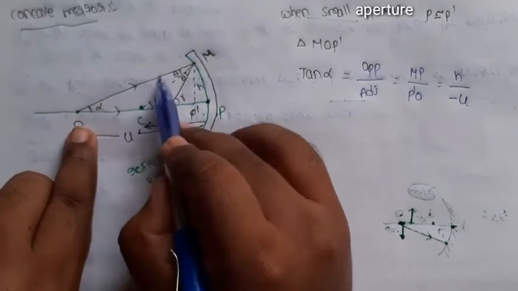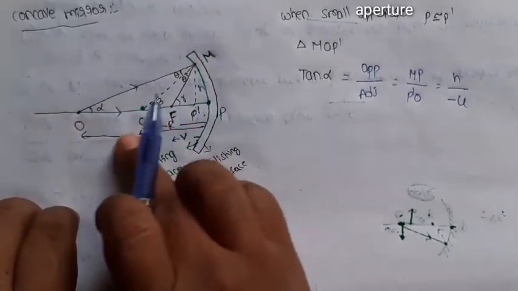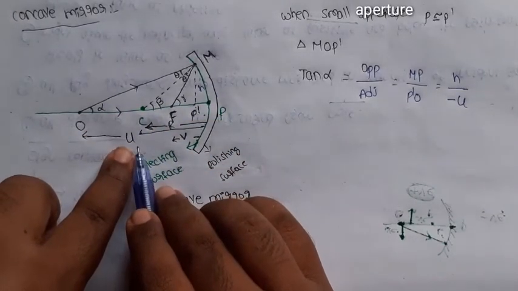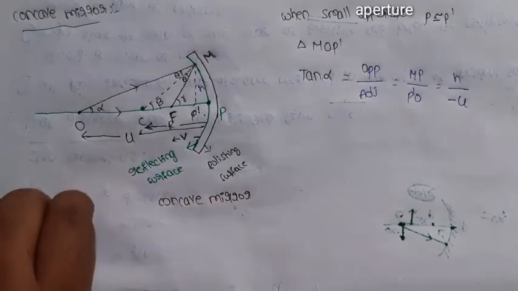This is the direction of the incident ray, but we measure in this direction, P dash to O. When you take the object distance opposite to the incident ray, it is a negative value. So minus U, according to the sign convention rule.